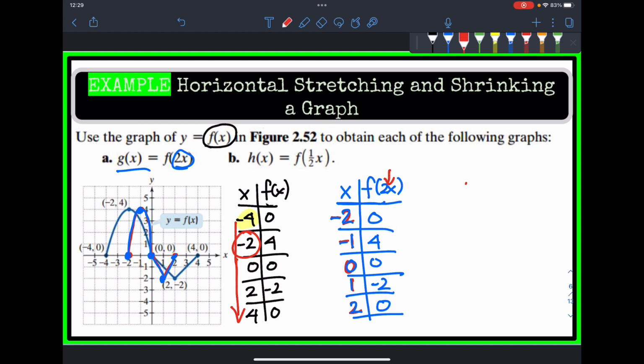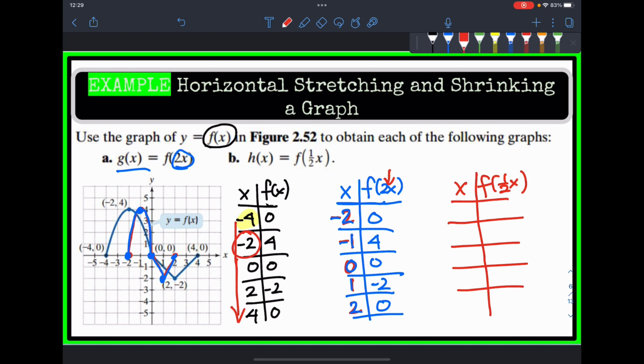So for the stretch, by multiplying our x by 1/2, what we're trying to do is figure out, okay, what does x have to equal now in order for our output values to stay the same. So again, the 1/2 on the outside simply multiplies our current output values by 1/2. But now since the 1/2 is being multiplied with the x, what this is suggesting is, okay, we're trying to figure out what x has to equal now to maintain the same output values.